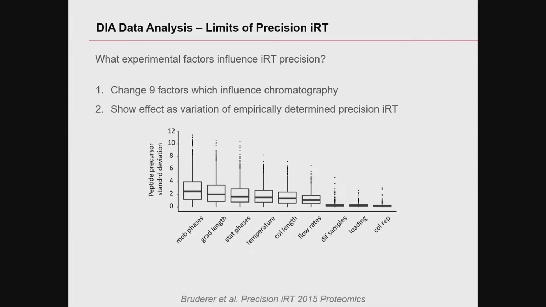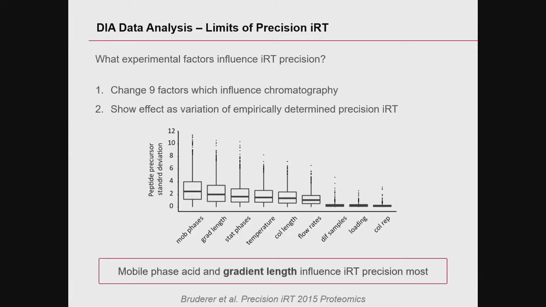So maybe this scale here is a bit abstract, and it actually is. But what is really important is more the order in this direction here. And the interesting thing was the mobile phase, and the very interesting thing was that the gradient length had the biggest influence on the precision of iRT. Apparently we learned later on that there have been publications showing this in analytical chemistry before.